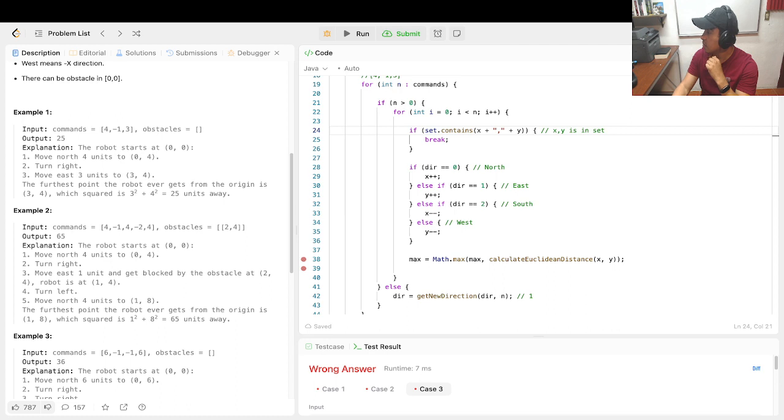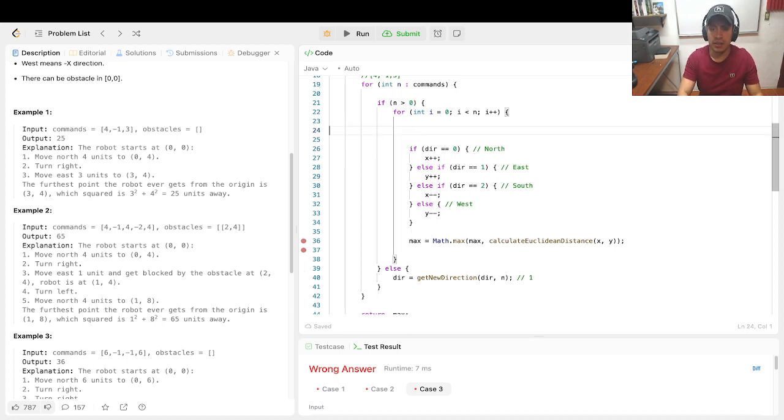To compute the distance in the last. Okay. You need to compute the distance in the last valid position. Yeah, it's right. Not all the time.